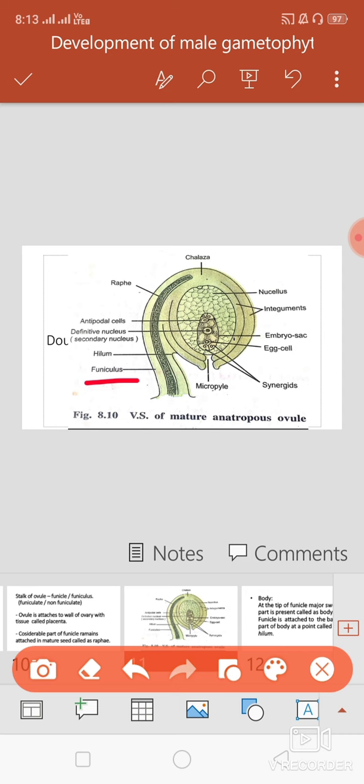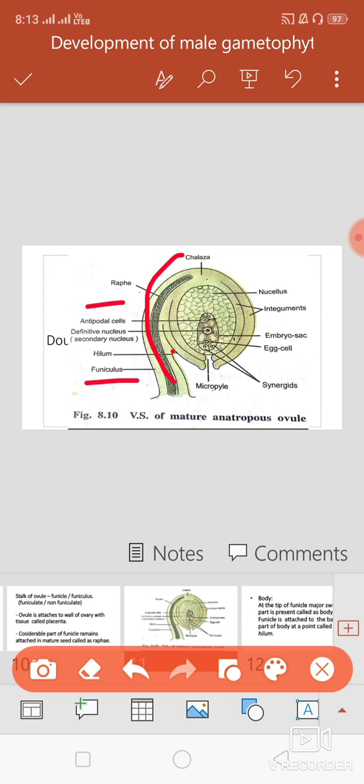Then this funicle is attached to the wall of ovary by a tissue called placenta. Then this funicle stretches over the body of ovule, called raphe.